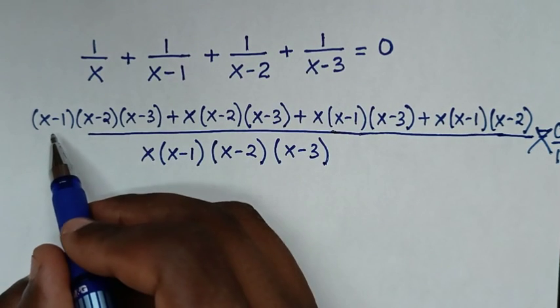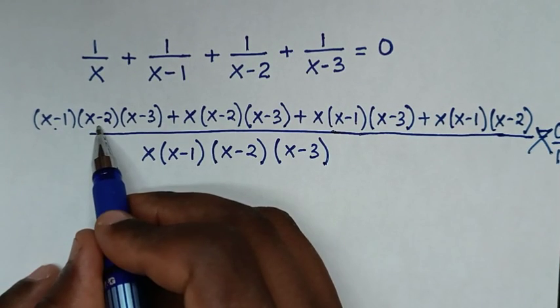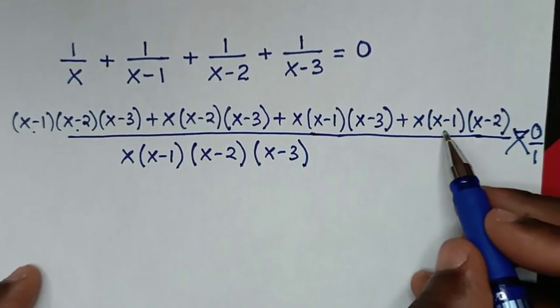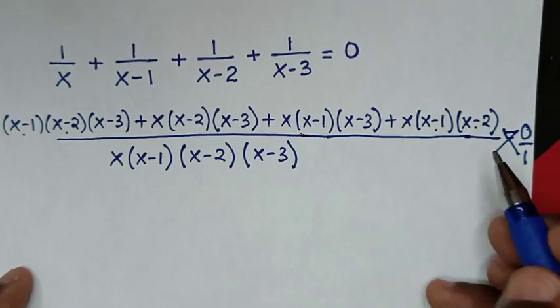Now from here, (x minus 1)(x minus 2), we find another one, (x minus 1)(x minus 2).